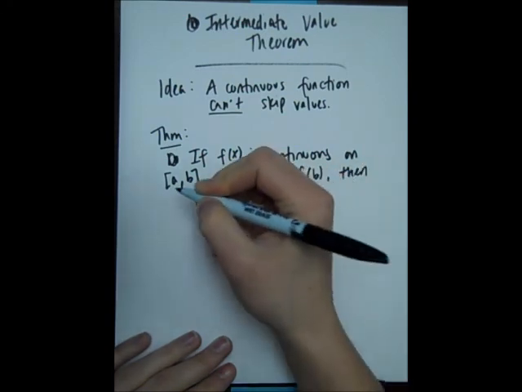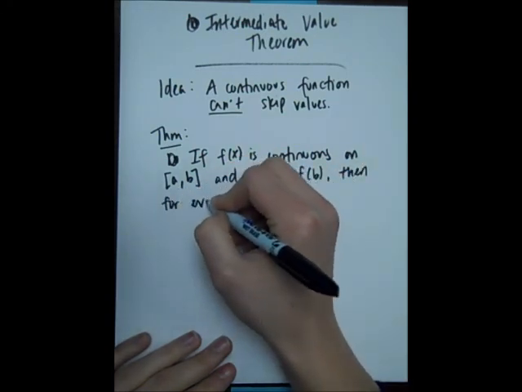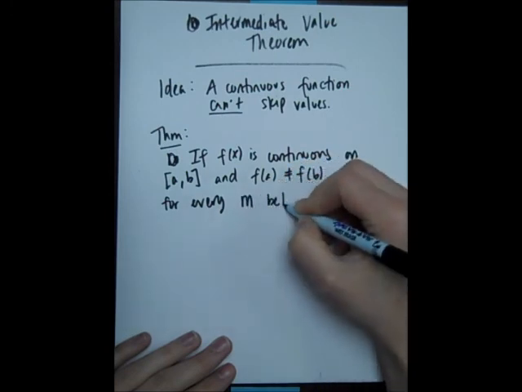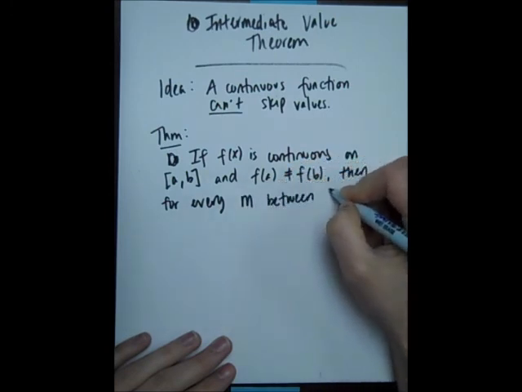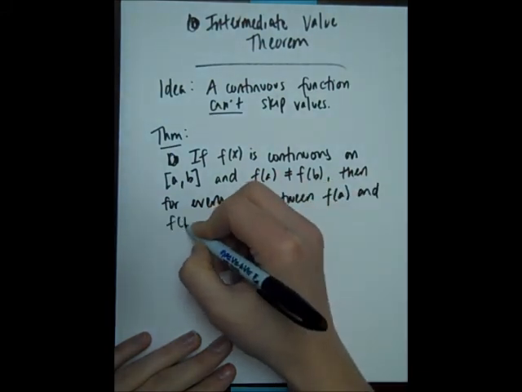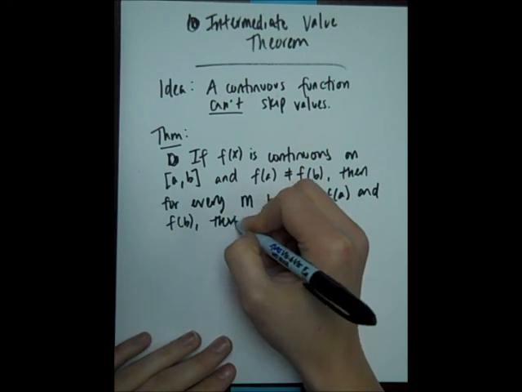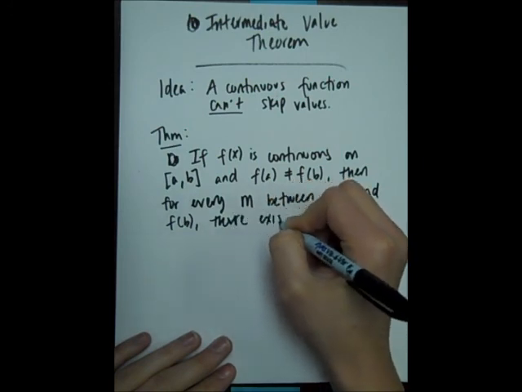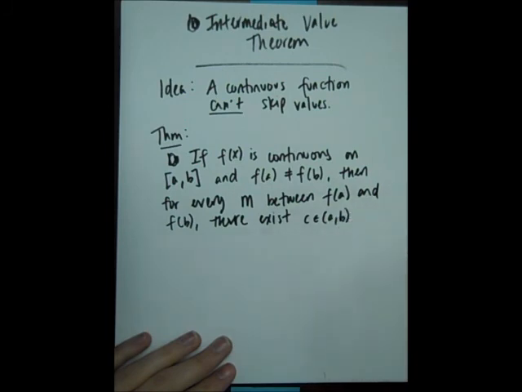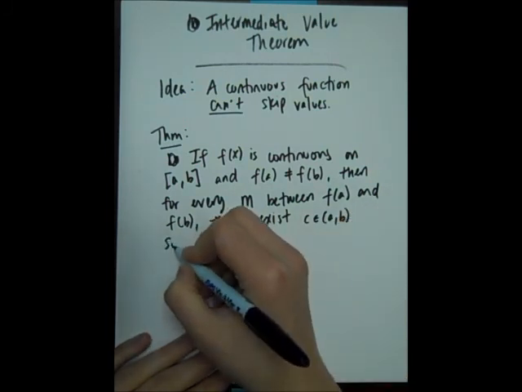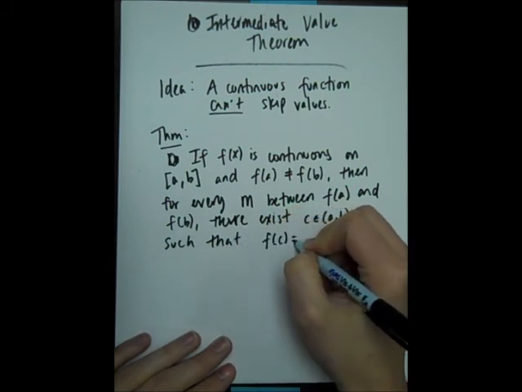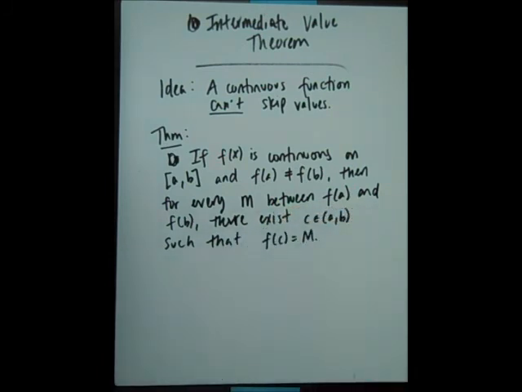Then, for every m, a value of m between f of a and f of b, there exists some c in the interval from a to b, not equaling the two endpoints, such that f of c equals m.